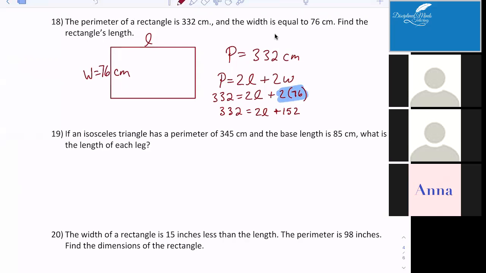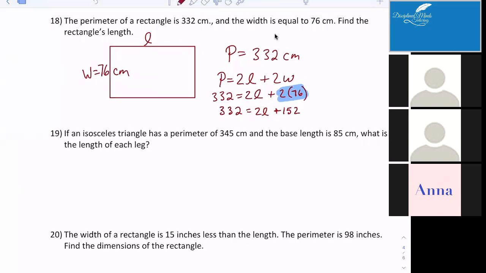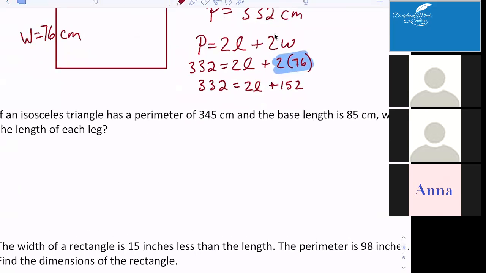Now what do I have to do to both sides? Actually, we could divide by 2. I kind of like that. So let's practice dividing by 2. 166 equals L plus 76.